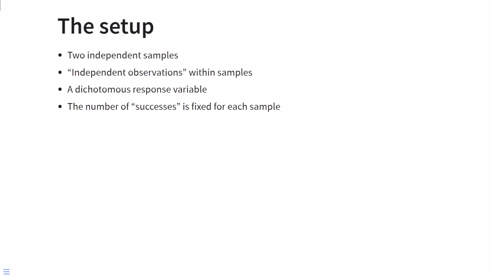The other thing I want to point out here is that in the second bullet, I put "independent observations" in quotes. Why do I do that? Well, we should make our observations independent of each other. However, there's a natural dependency that arises because of the fixed number of slots or the fixed number of successes. If we know what the total number of successes are going to be, then we have limited our degrees of freedom, and we create an inherent dependency.